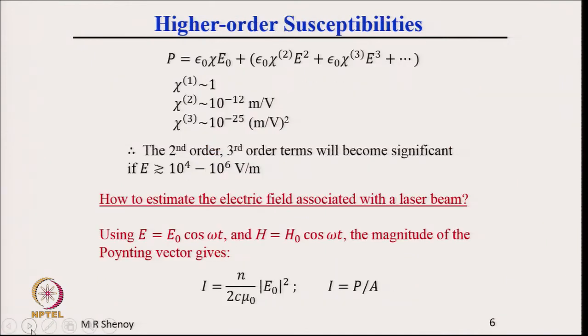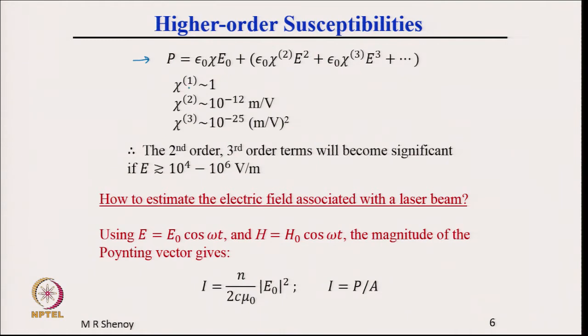Let us see. Now, for higher order susceptibilities, as indicated, the polarization for higher electric fields, for stronger electric fields, is represented as epsilon 0 chi E plus the power series.